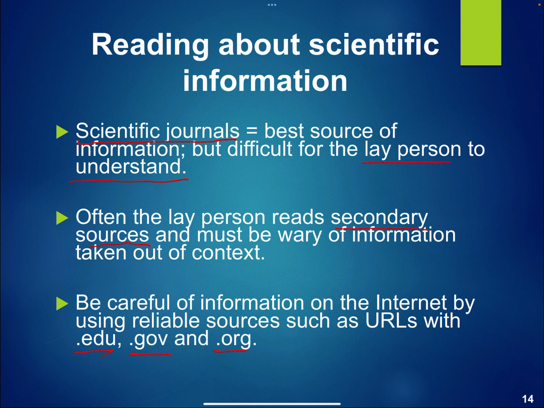Now, I'm not saying that a .com cannot provide you accurate information. Yes, they can, except that in a scholarly, academic environment, we are not going to use those sources as trustworthy sources, even though they may contain accurate information.